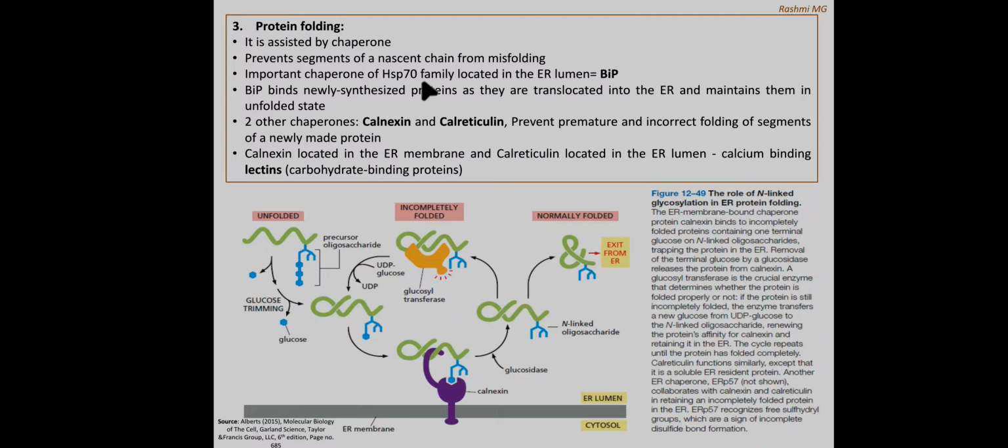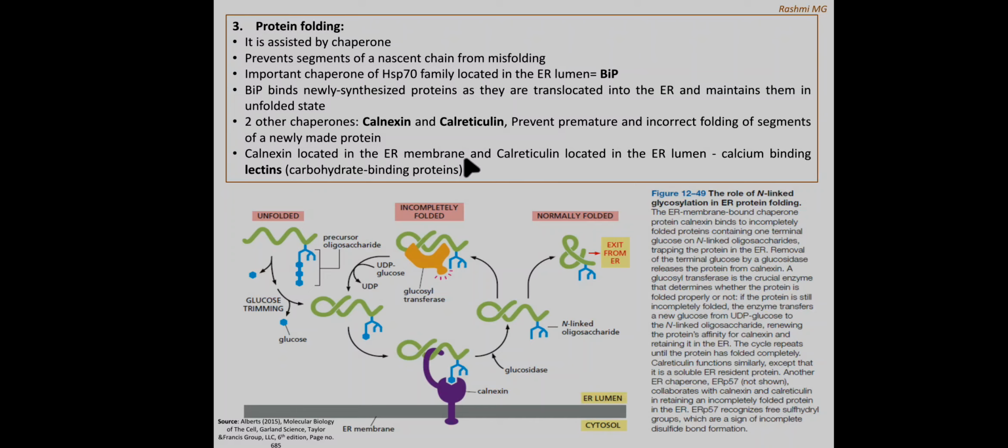An important chaperone of the HSP70 heat shock protein family, located in the ER lumen, is BiP. BiP means binding protein. BiP binds newly synthesized proteins as they are translocated into the ER and maintains them in an unfolded state. Two other chaperones, calnexin and calreticulin, prevent premature and incorrect folding of segments of a newly made protein.